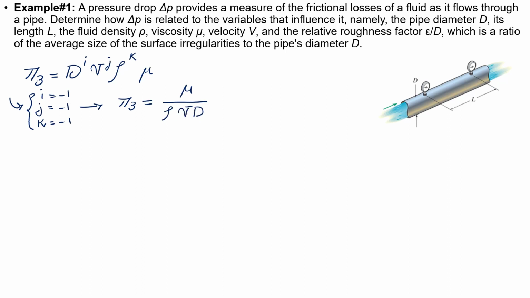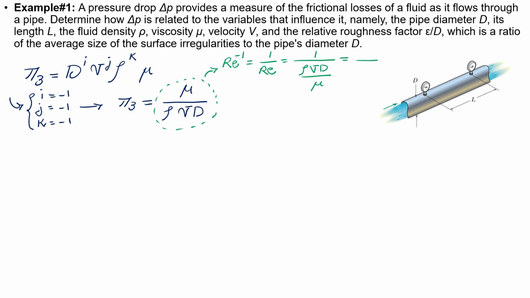Or just to write it in a more familiar way, it would be mu over rho velocity d. Now notice that this term is very familiar for you, right? So this term would be Reynolds inversed, because Reynolds inverse is 1 over Reynolds, and if you write down Reynolds number, it is rho Vd divided by mu.